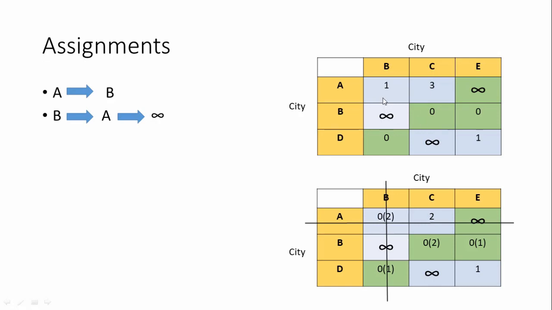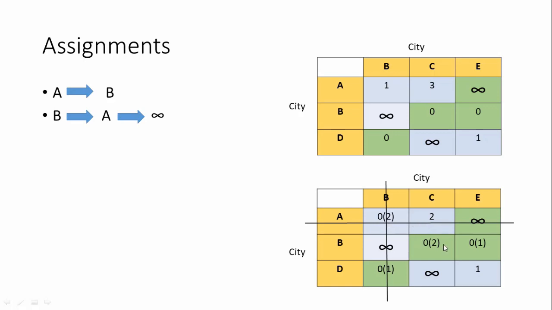So when we look at it, we have here 1 and 3, there is no 0. Therefore, we calculate the row minimum subtraction and get the matrix again. So for all the zeros again here, we calculate the penalties. For this 0, we have the column minimum as 0 and the row minimum as 2. So therefore the penalty will be 2.